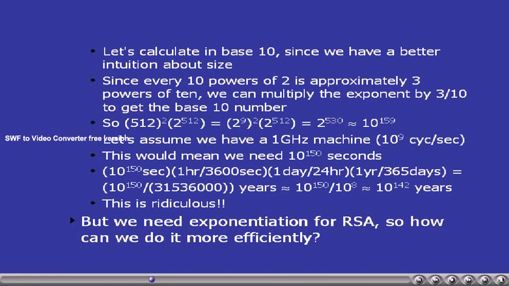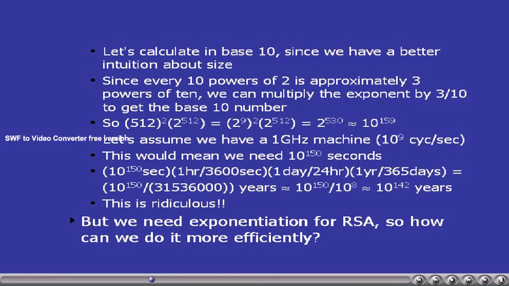And even if we assume a 1 gigahertz machine, which gives 10 to the power 9 cycles per second, and if we assume that one operation can be done in one cycle, we require in total 10 to the power of 150 seconds to complete the worst case.